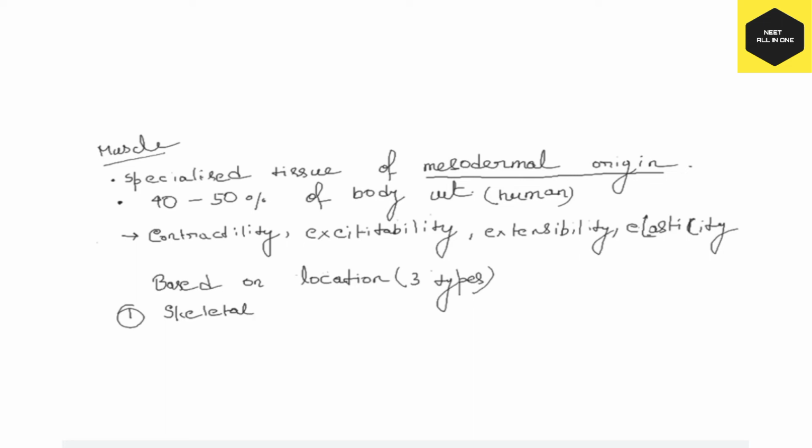Now these skeletal muscles are voluntary muscles. They have a striated appearance, which is visible under the microscope.